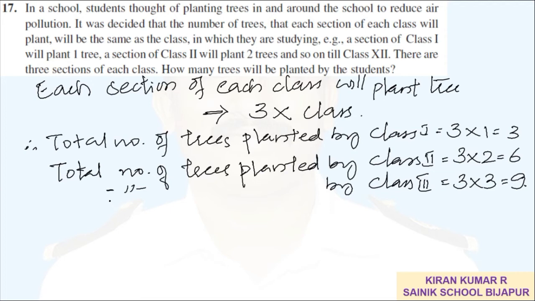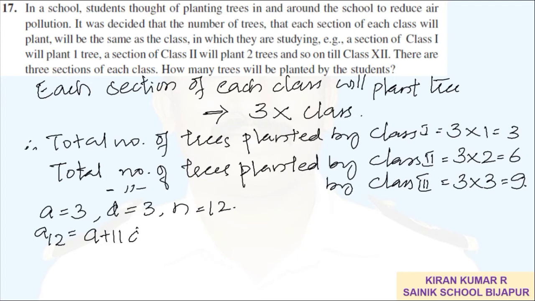How did I guess that? If you observe, it is following a certain pattern. This pattern is in the form of an arithmetic progression with first term a equal to 3, common difference 3, and the number of terms is 12. With this, I can find a12, which is a plus 11d. a is 3 plus 11 times 3, it is 36. So the 12th class will be planting 36 trees.